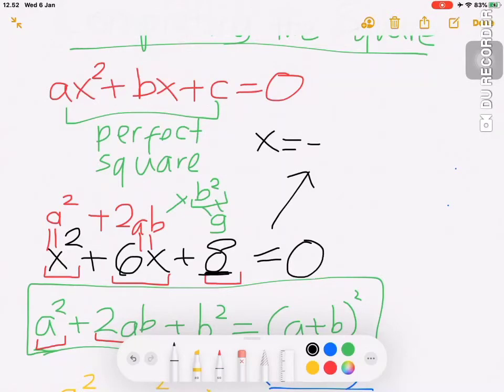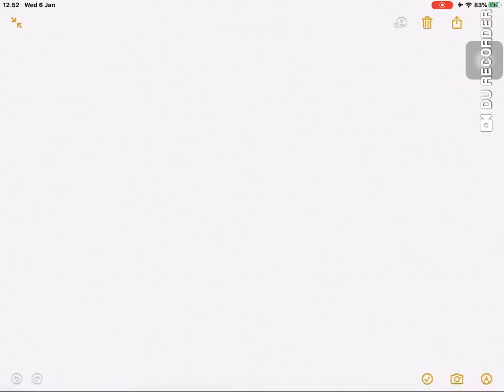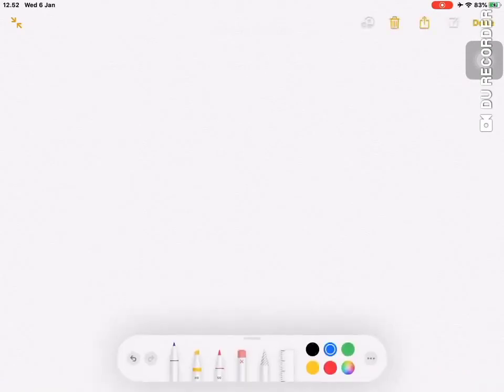Yep, I'm pretty sure I got it. So these are the answers for our original equation. We got our solutions: x equals negative 2 and x equals negative 4.